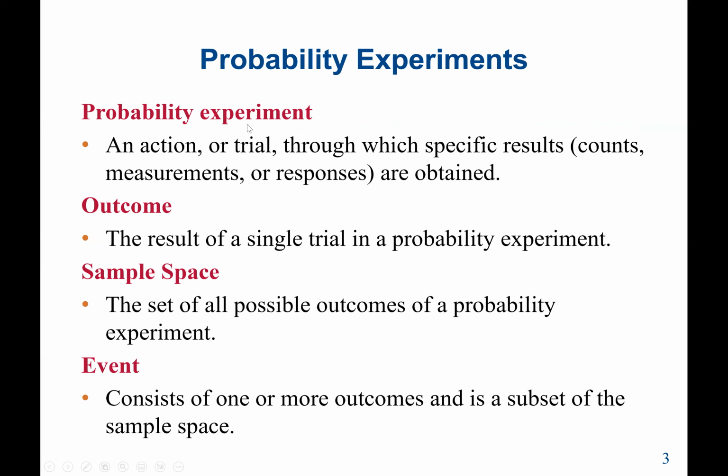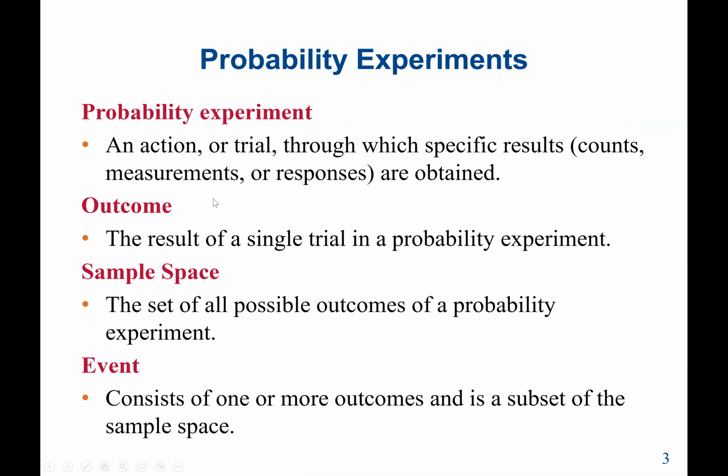An example of a probability experiment is to roll a die or toss a coin. If I roll a die, the outcome can be 1, 2, 3, 4, 5, 6, because a die has 6 sides. If I toss a coin, the outcome will be either the head or the tail, only one at a time.